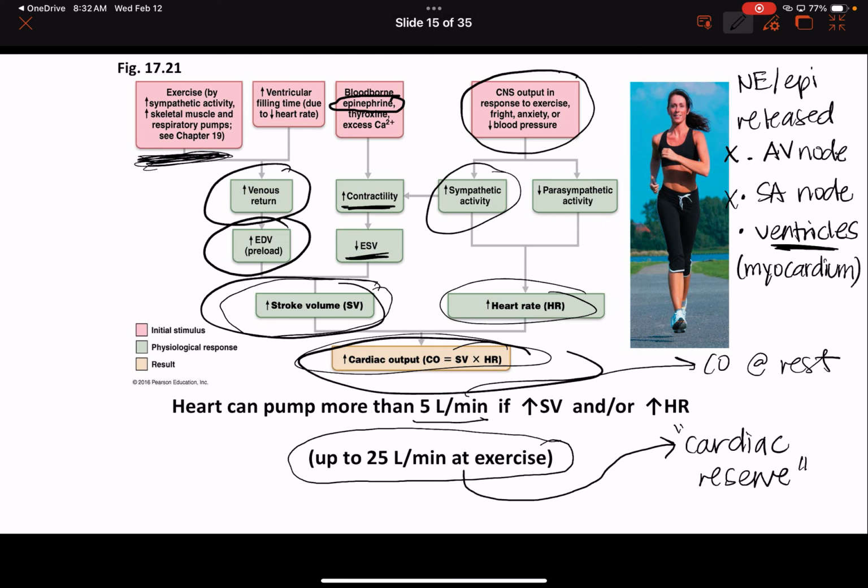So if you have less blood left over, that means that you ejected more blood than you normally would, which means that you would increase your cardiac output. Now, am I going to have you recreate this entire diagram? No, but you should understand the pathway of how we can increase cardiac output by increasing either stroke volume or heart rate.